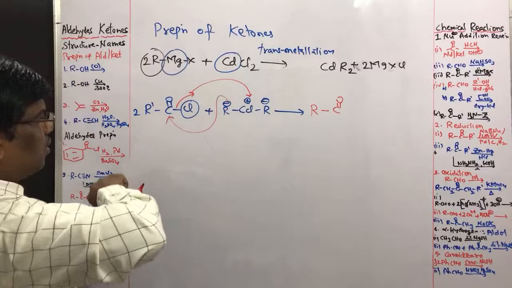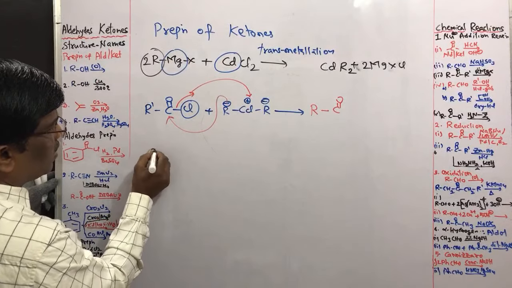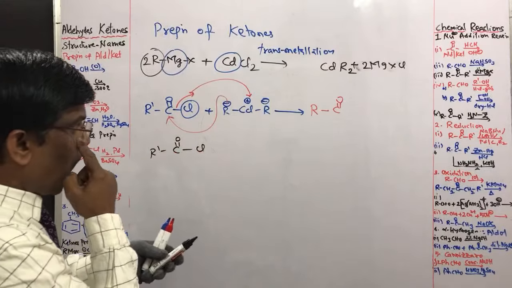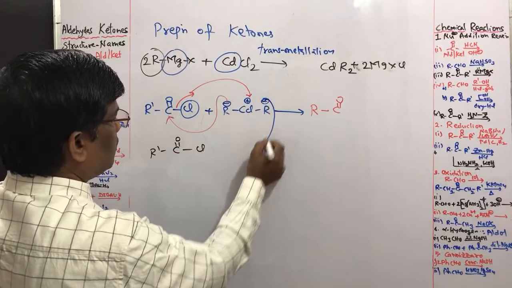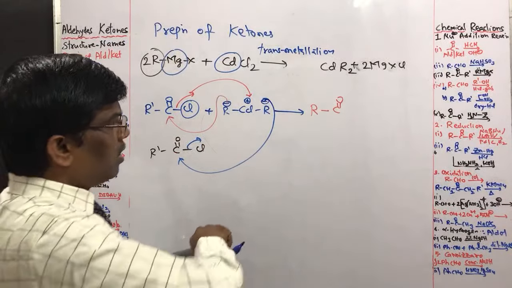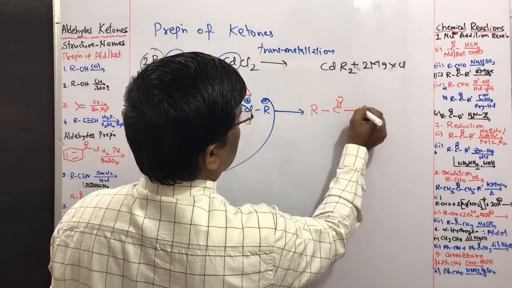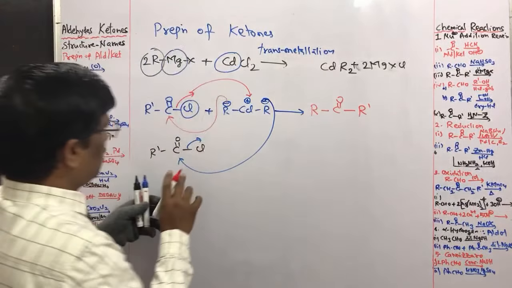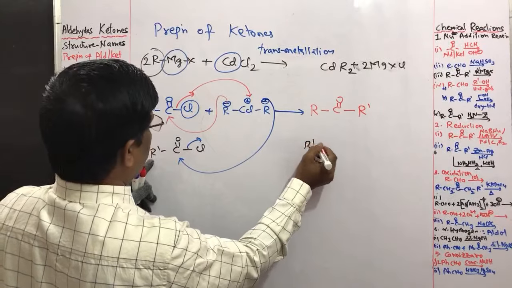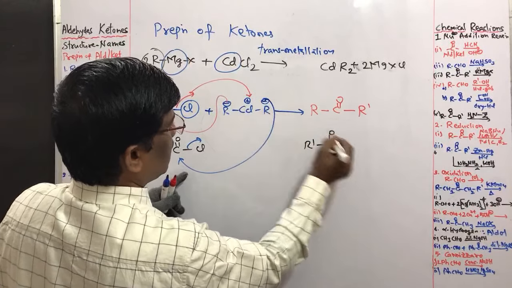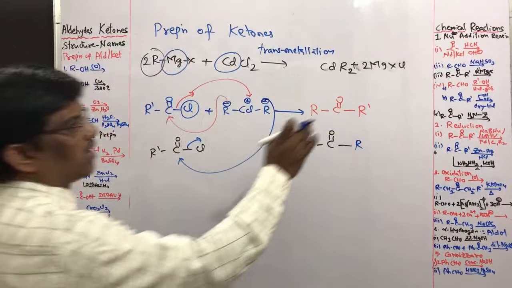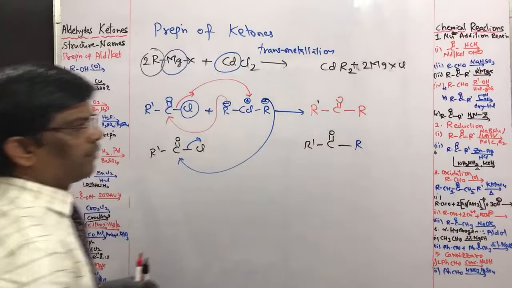Let me take one more here, 2 RCOCl. It is going to take up this and go out to give 2 moles of ketone. I can write here R'CO, and this is the R which is coming from here. Yes students, so both are same.